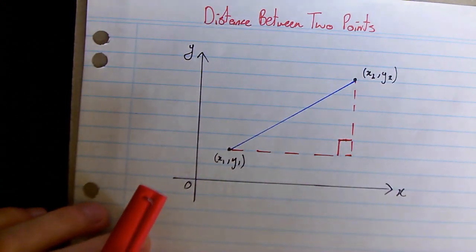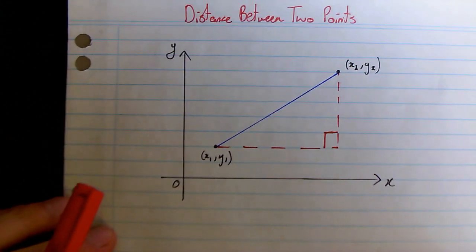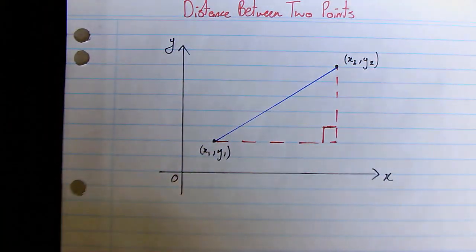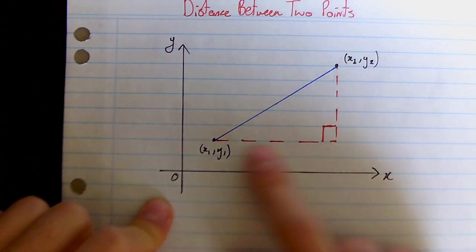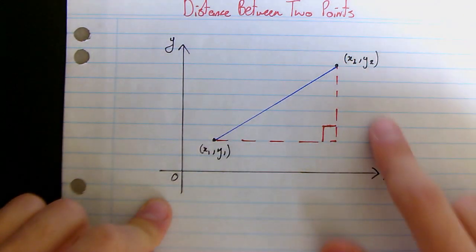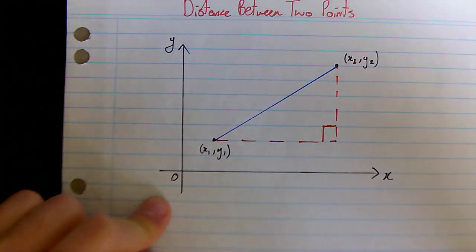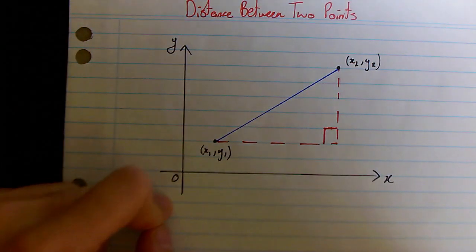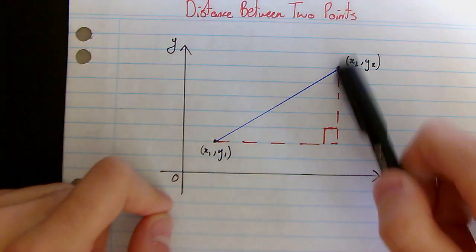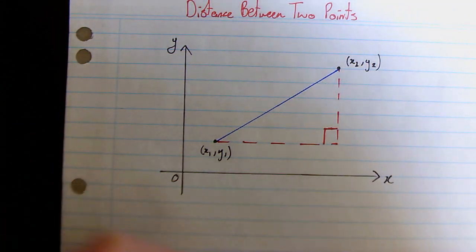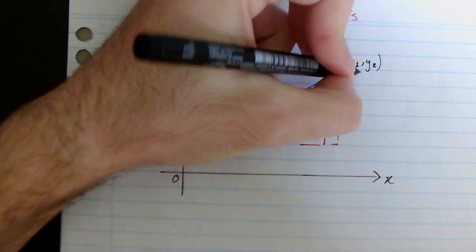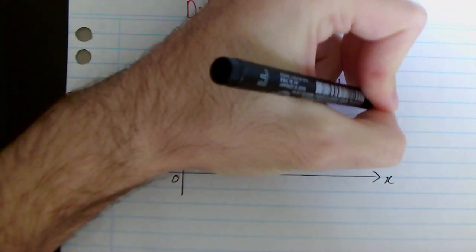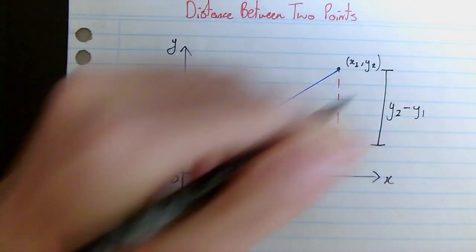We're going to use Pythagoras theorem because we want to find this distance here. If we have this distance over here and this distance here, then we can find this length by Pythagoras theorem. So the question is, what is that length and what's this length? The vertical length of this triangle is equal to y2 minus y1.